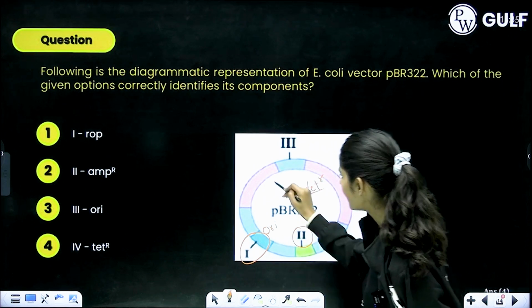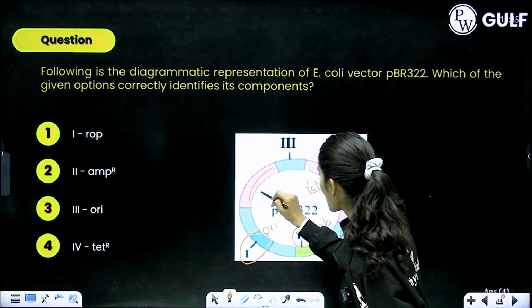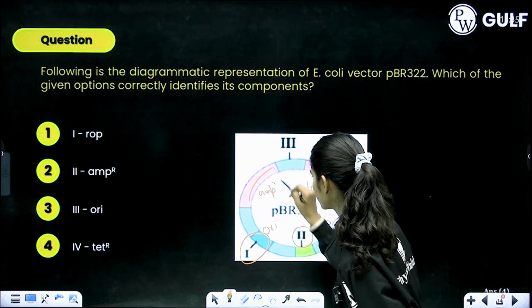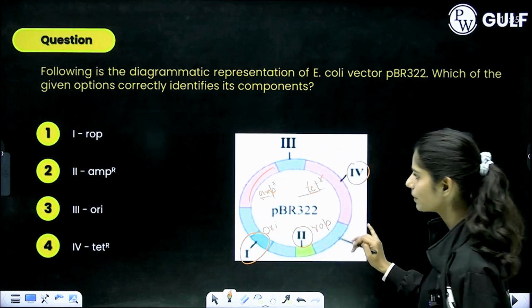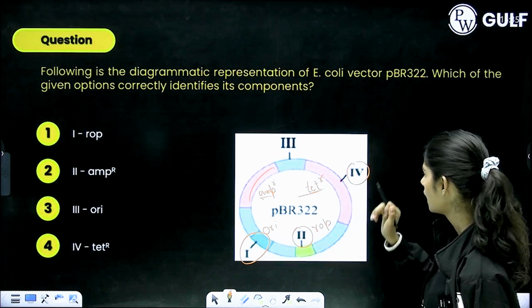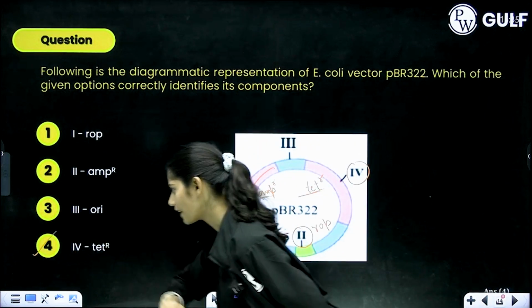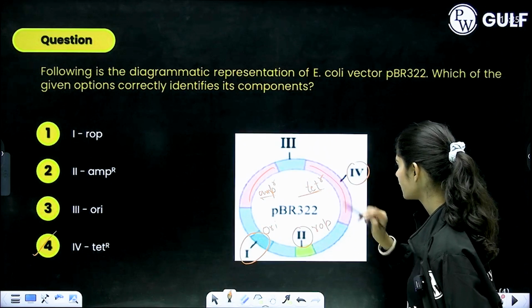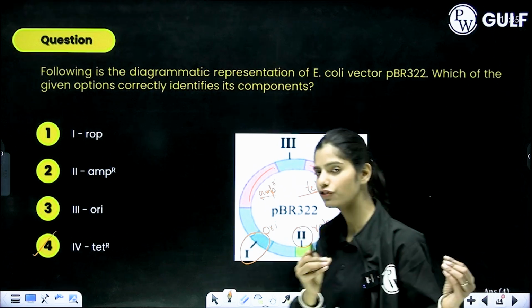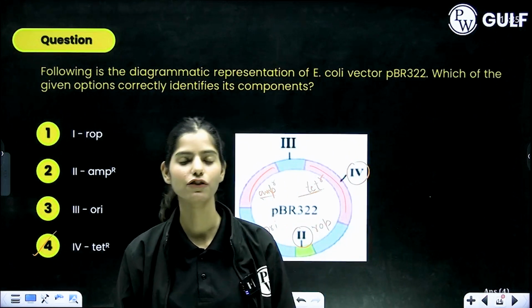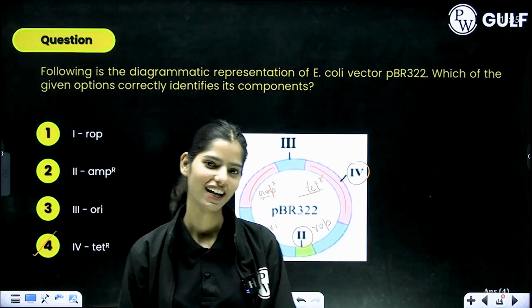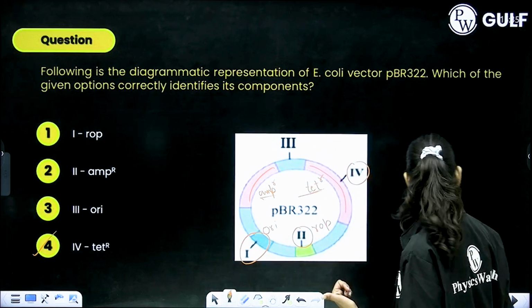Here we have a gene for ampicillin resistance. So these four regions you need to remember, and here the correct answer is the fourth option, right? Because this fourth region has a gene responsible for resistance to the tetracycline antibiotic. All right, I hope this part is clear to you.